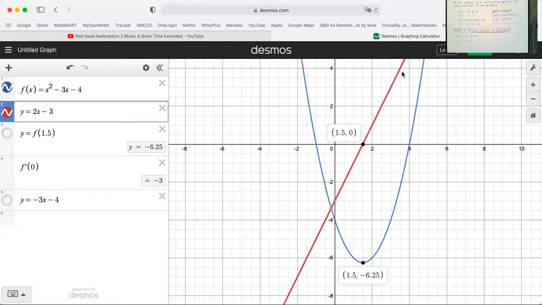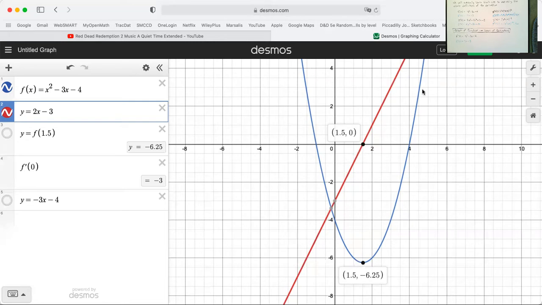So the derivative of a function will tell us about the direction of the function. If the derivative is negative, then the function is decreasing. If the derivative is positive, then the function is increasing. And we can read that the other way. When the function is decreasing, the derivative will be negative.